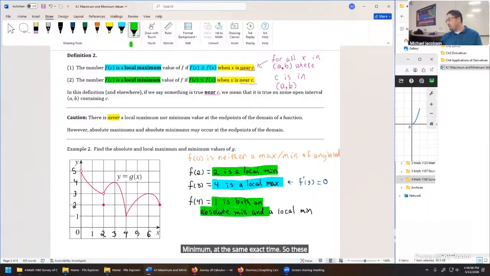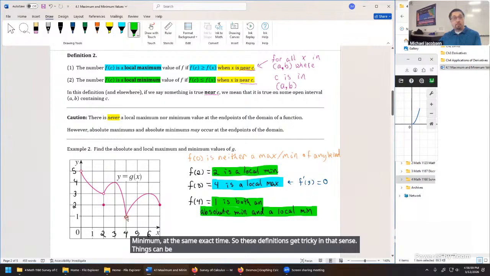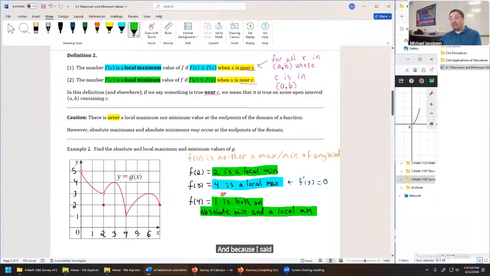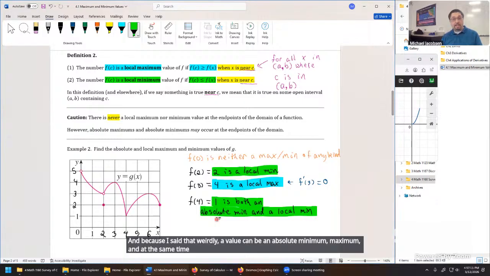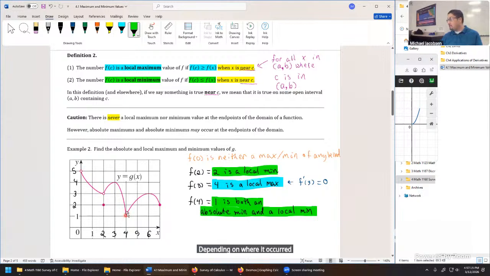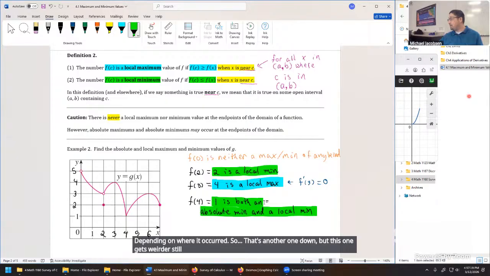So these definitions get tricky in that sense. Things can be both locally and absolutely a maximum, and I said that weird. A value can be an absolute minimum or maximum and, at the same time, a local minimum or maximum, depending on where it occurred. So that's another one down, but this one gets weirder still because of that issue.